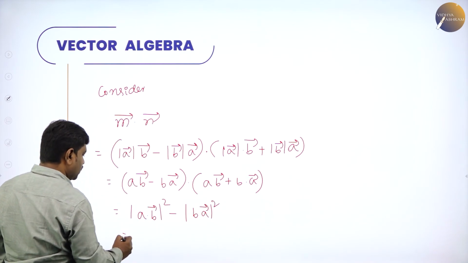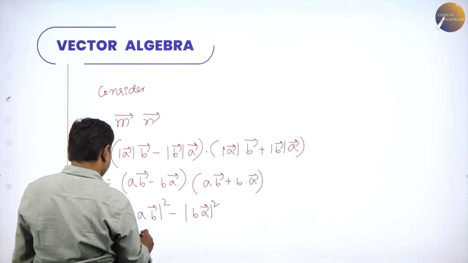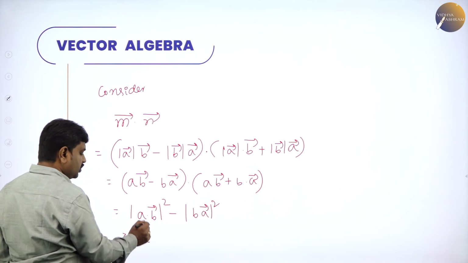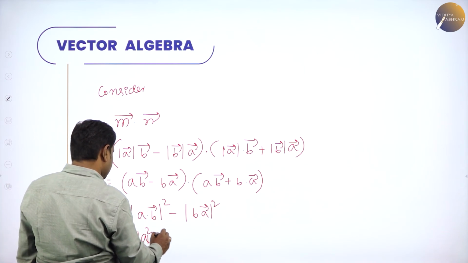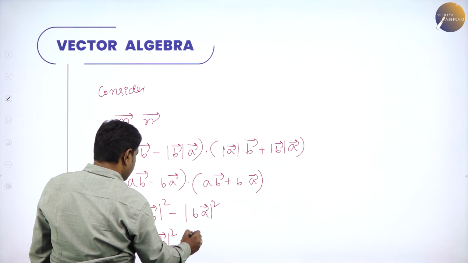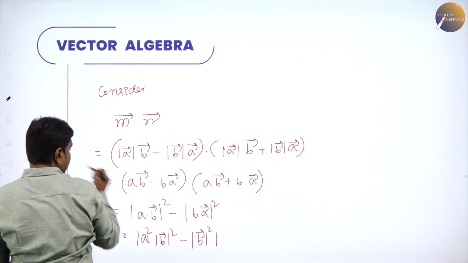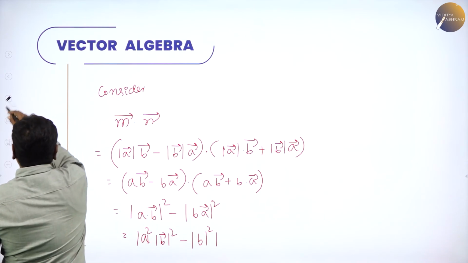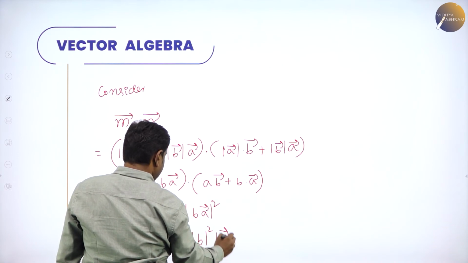Now this is a formula. So you know this can be written as: |b|a whole square can be written as |b|² times |a|², minus |a|² times |b|².